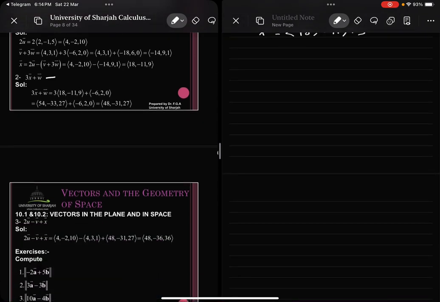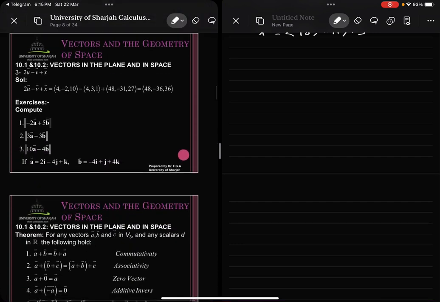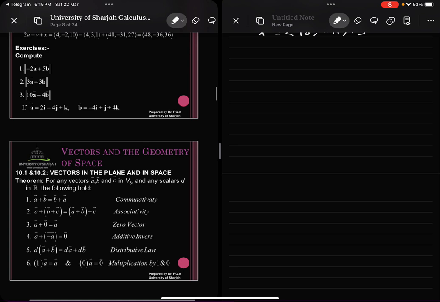And also the same thing for question 2, and the same thing for question 3.